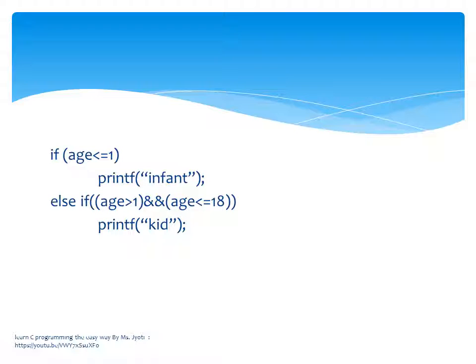So you don't just write if and then else, you put in else if. And the third part is what if both the parts given above, that is the if part and the else if part, are false. The compiler is going to come to the third part, the else, and it is going to print that you're an adult.